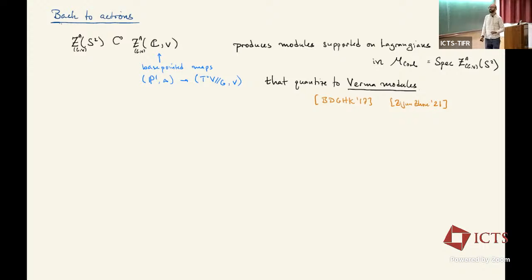And turning on this loop rotation equivariance, they quantize to Verma modules for quantum Coulomb branch algebras, which are things like finite W algebras and Yangians and enveloping algebras of reductive Lie algebras, very like sort of things that are studied all the time in representation theory.